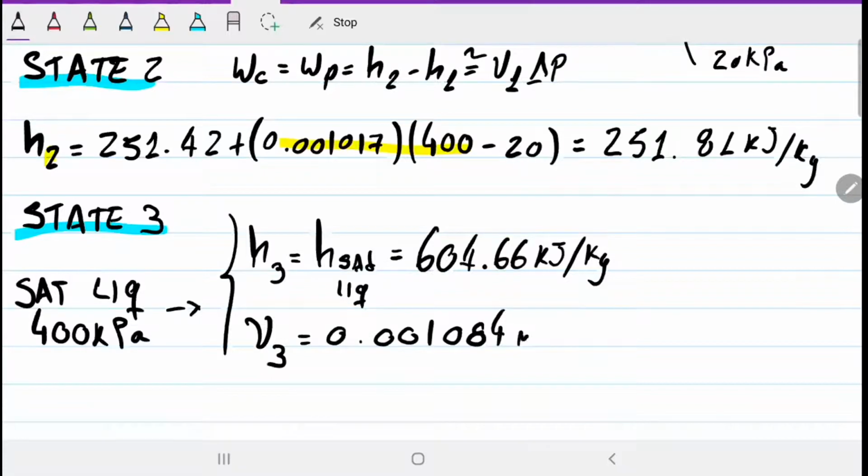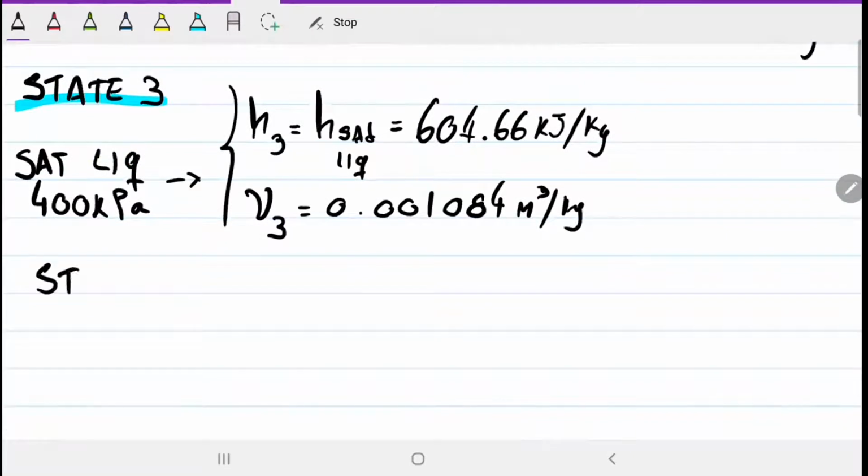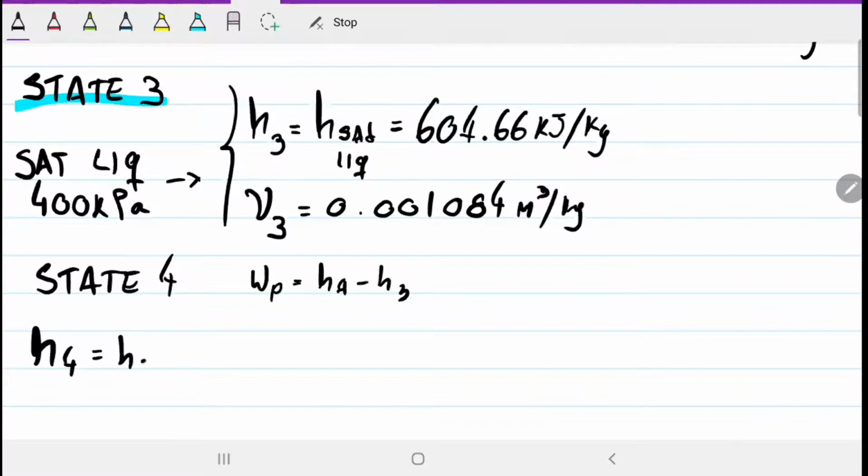State 4. Okay, so with state 3, I can go ahead and do state 4. And I can write it straight off. It's going to be H3 plus specific volume 3 times the difference in pressure.